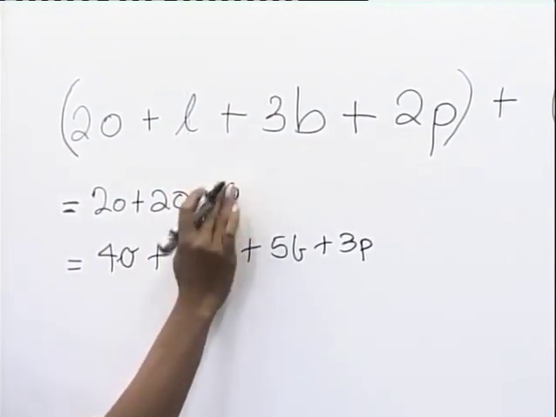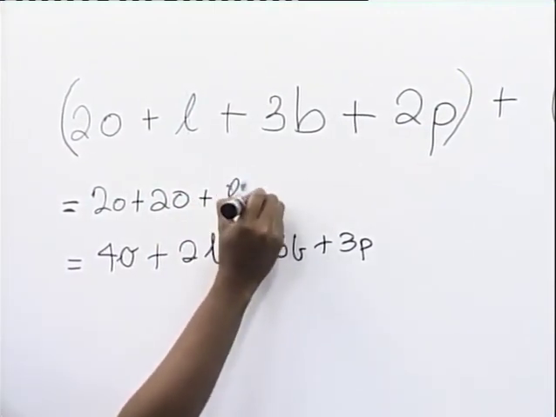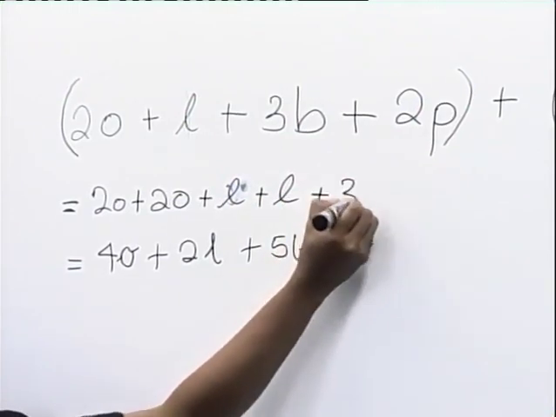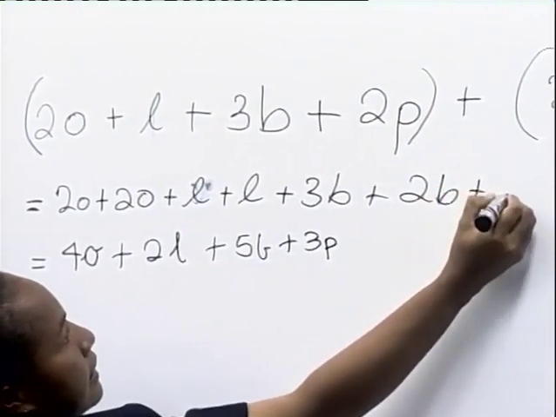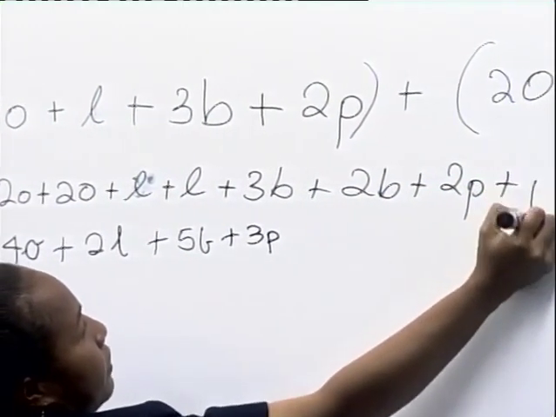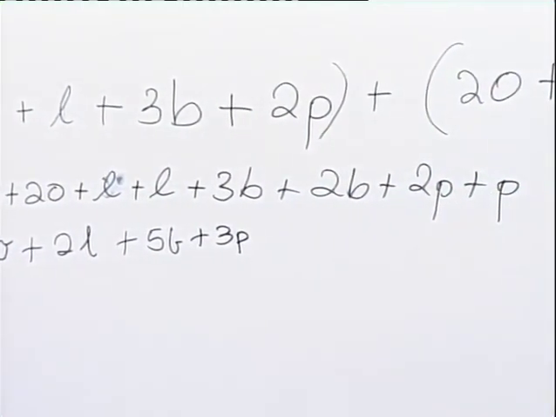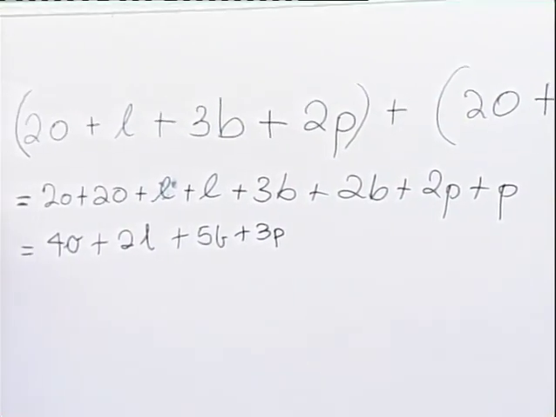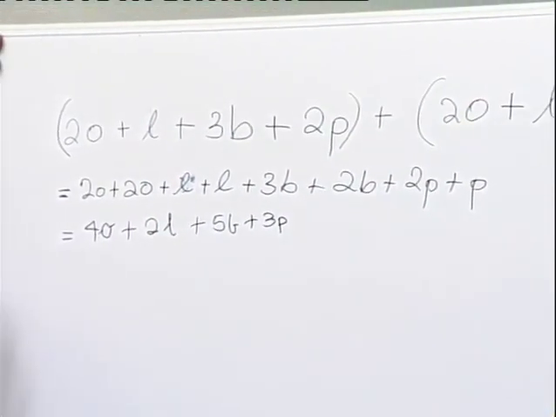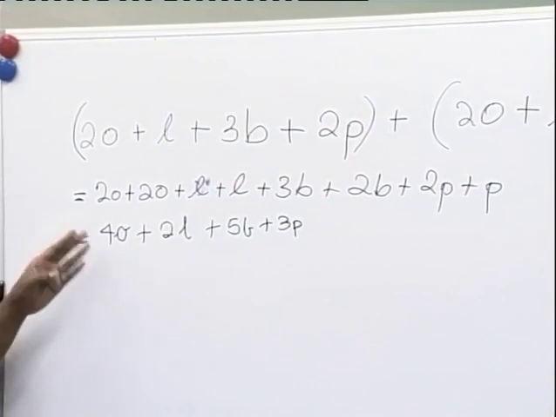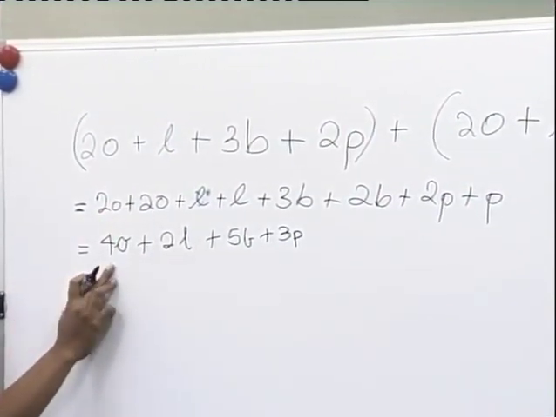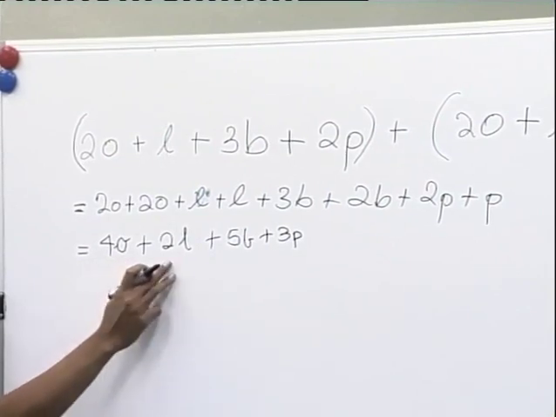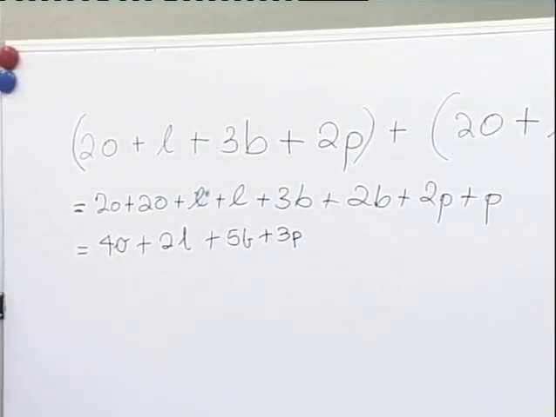Plus 1L plus L plus 3B plus 2B plus 2P plus P, right? So you are now collecting all the like terms together. Then if you have 2 like terms now, you are able to add. So we have 4 oranges, 2 lemons, 5 bananas, and 3 peanuts.